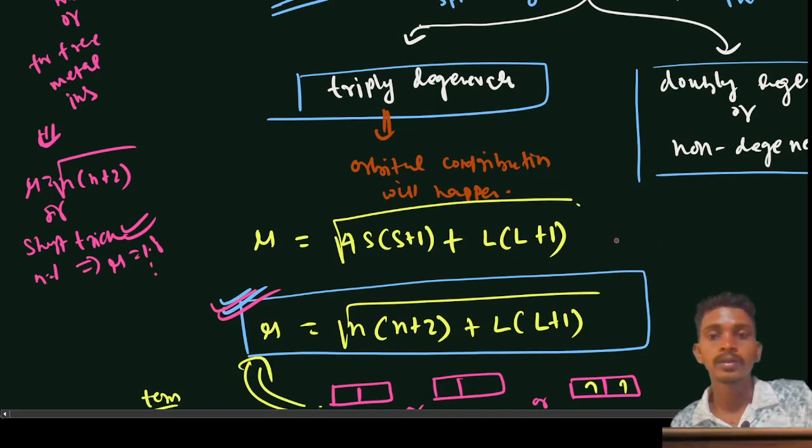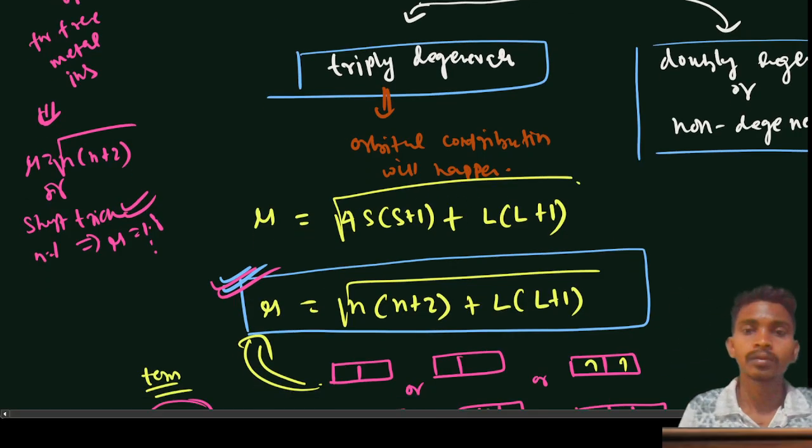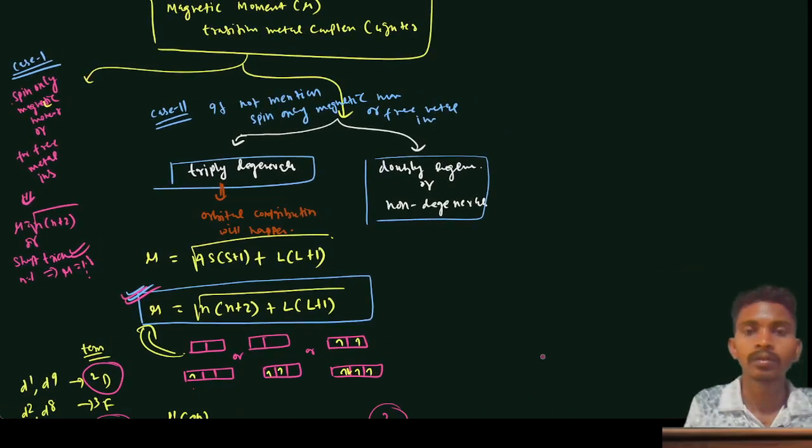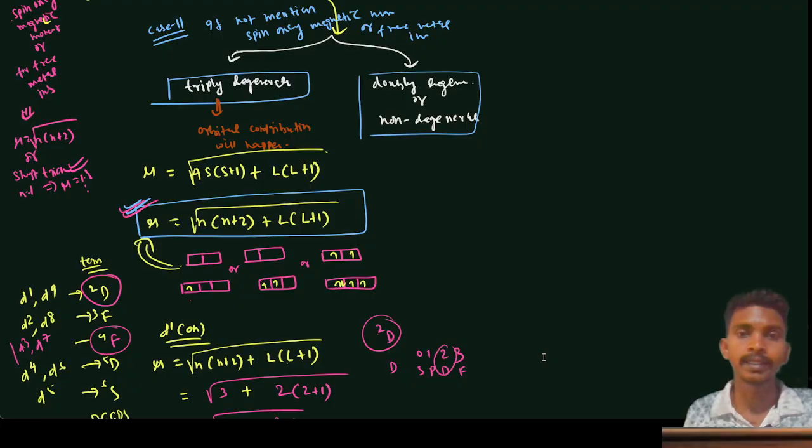How will we go about doubly degenerate cases? If it is a doubly degenerate case, how will you tackle these problems?